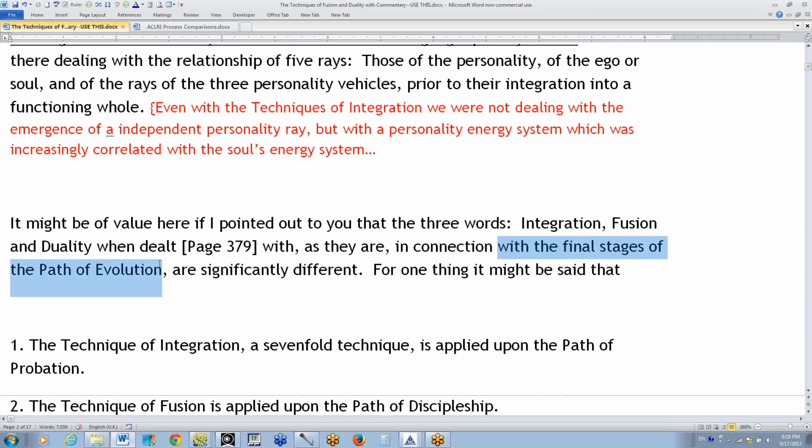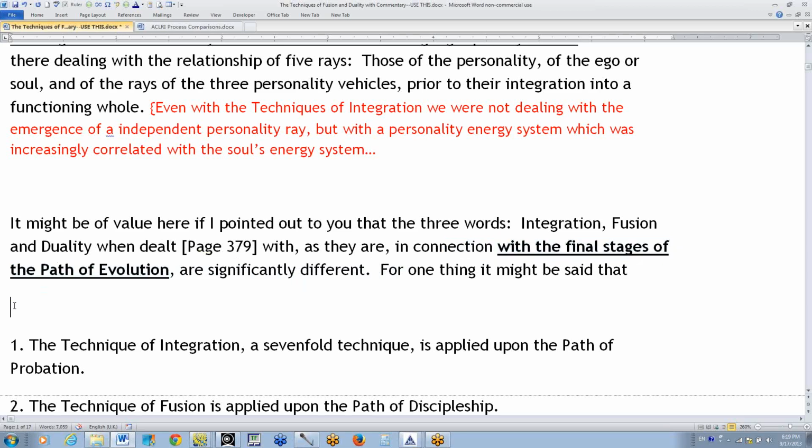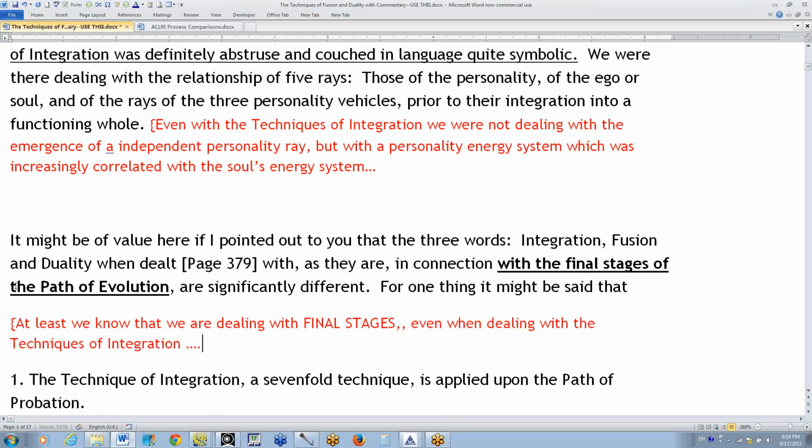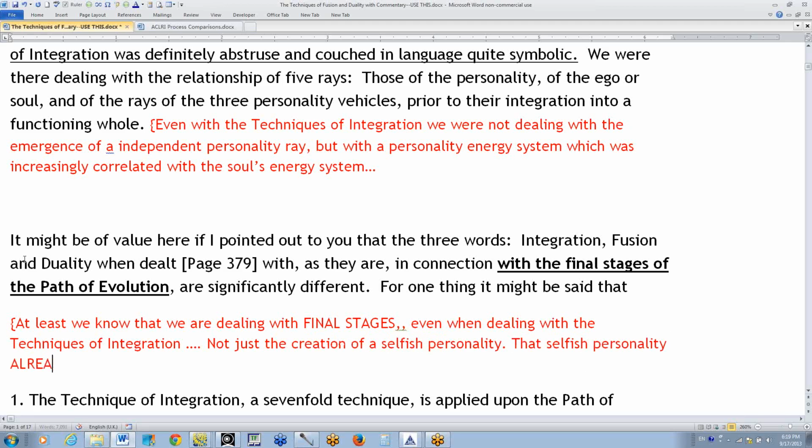Well, at least we know that we are dealing with final stages, even when dealing with the techniques of integration. Not just the creation of a selfish personality. That selfish personality already exists when the techniques of integration are begun.